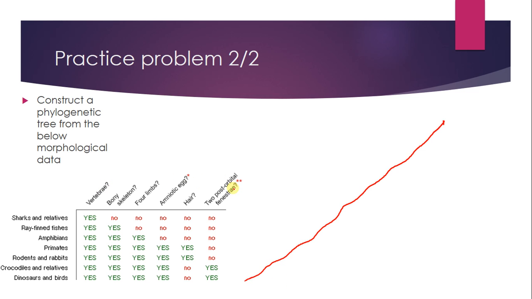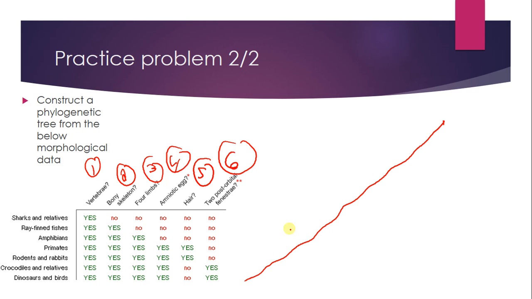I'm going to number these traits 1, 2, 3, 4, 5, 6. Here is our common ancestor, and here's the most recent. They all have vertebrae. So vertebrae, if it is a shared trait, must have developed first. All but one have a bony skeleton.